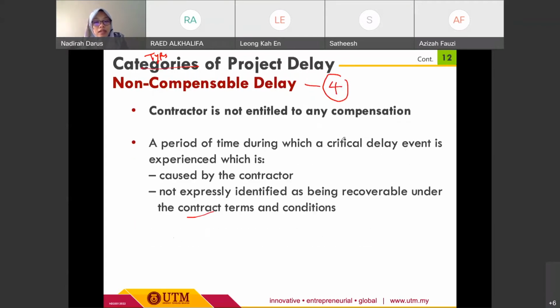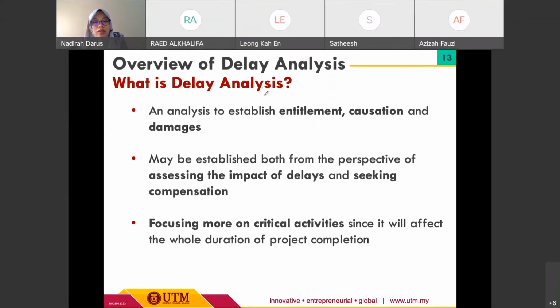So up until now, we have covered the overview of project delay, and also types of project delay. And then the next one, we are going to look at the delay analysis itself, right? So what's actually the delay analysis?